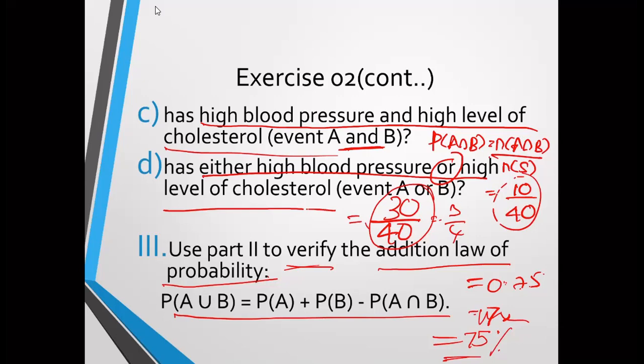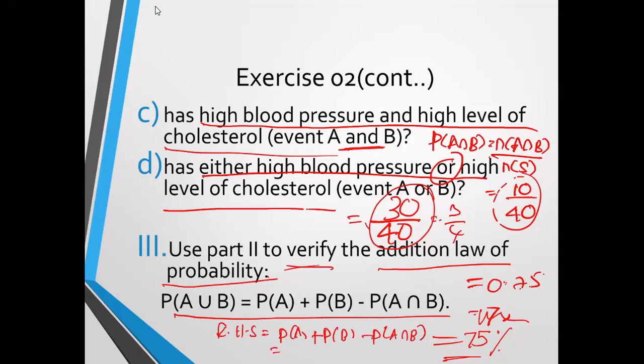If we consider the right hand side, that is P(A) plus P(B) minus P(A intersection B).